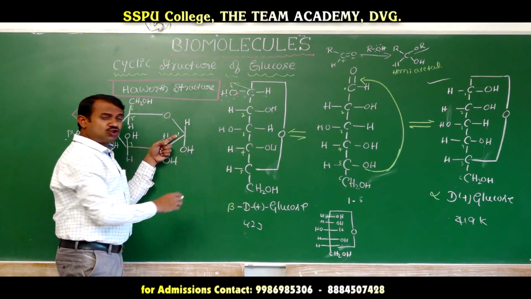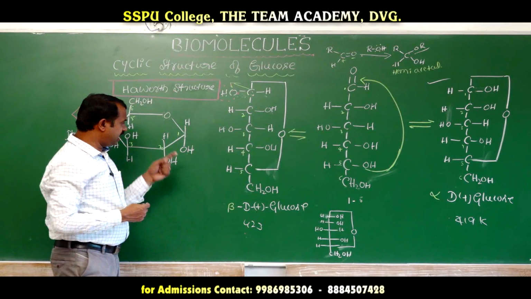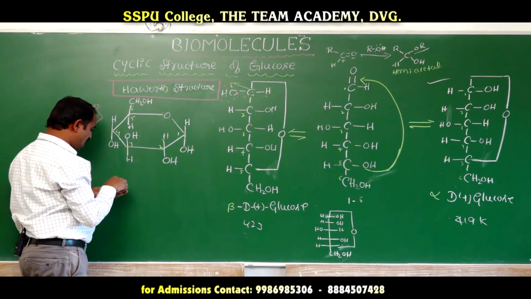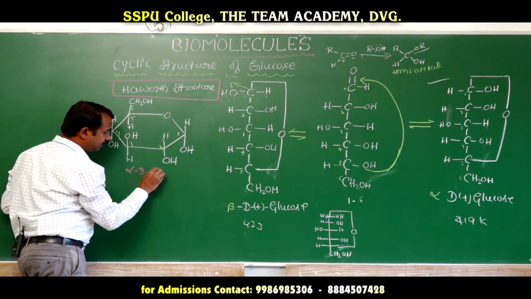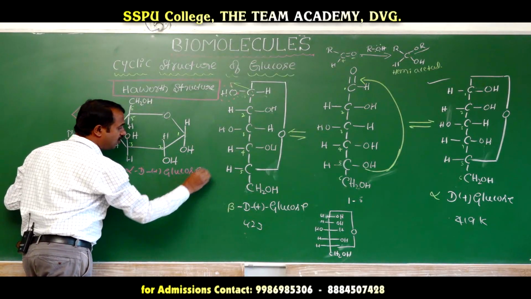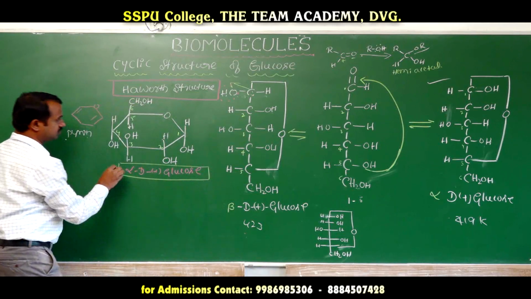If the hydroxy group is on the right side, you have to write it below. This is the Haworth structure of alpha D glucose.